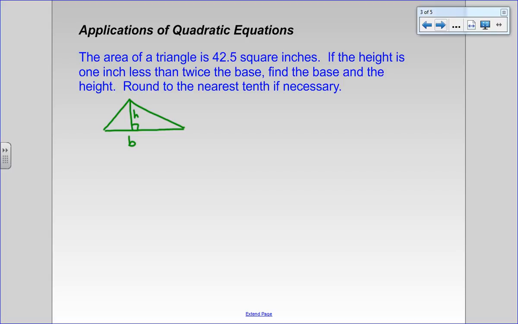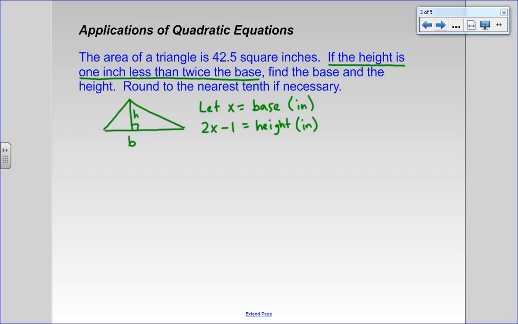Let's define some variables. If we let x equal the length of the base of the triangle in inches, then note that the height is 1 inch less than twice the base. So using x to represent the base, we can write the expression 2x minus 1 to represent the height of the triangle in inches.